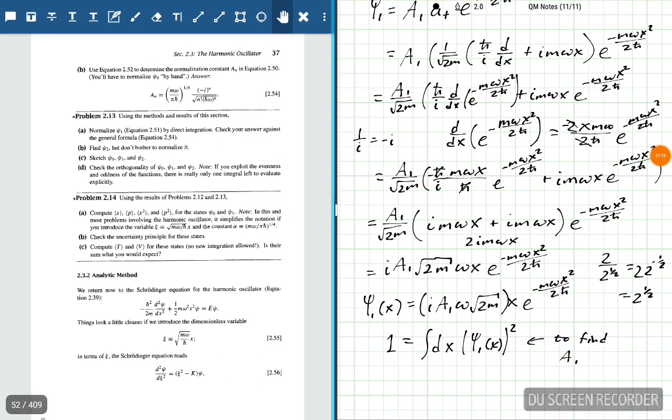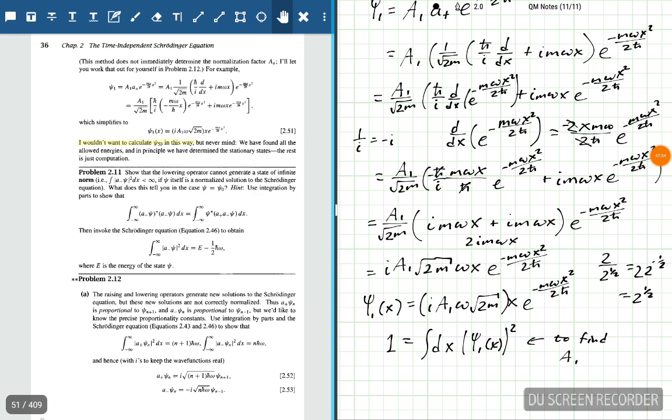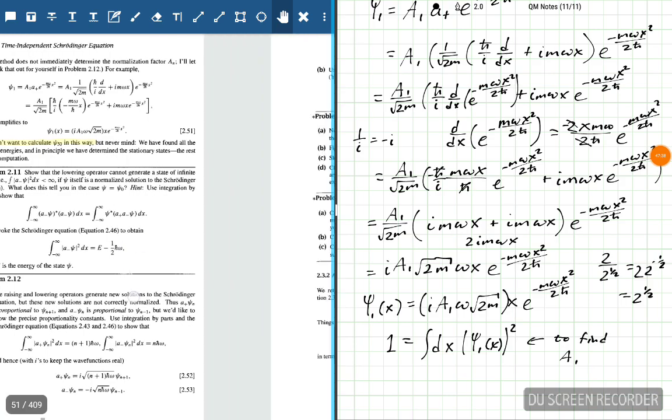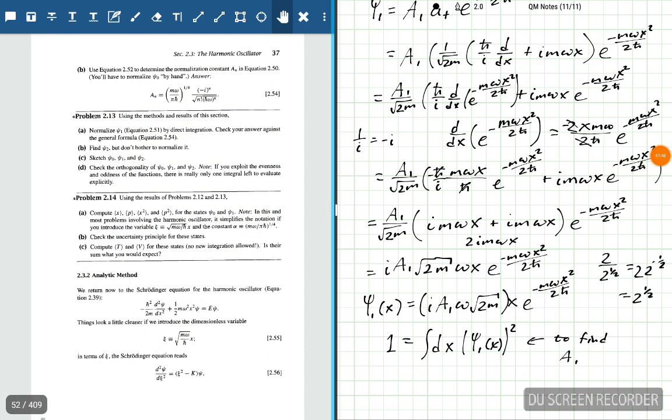Next, we're going to be tackling a couple of simple harmonic oscillator problems. There are 4 of them to be exact, where we're going to be normalizing, showing some things about the operators in general, how they're working out. And then we're going to tackle the analytic method.